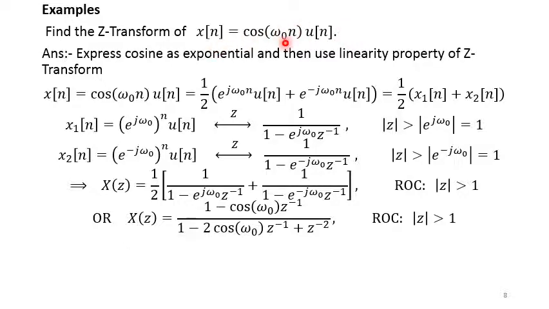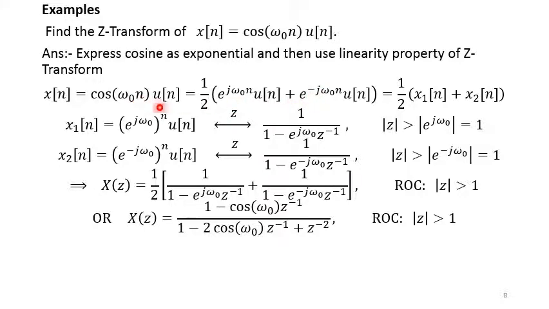Now to find the Z transform of this signal, that's quite straightforward because we have studied about the linearity, so we can express it, and then using the Euler equation, we can split it into two complex exponential signals. So we know cos omega naught n equals e power j omega naught n plus e power minus j omega naught n divided by 2.